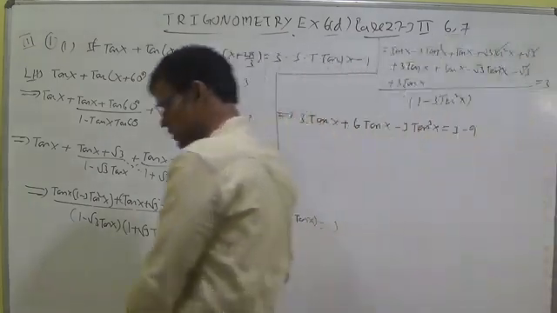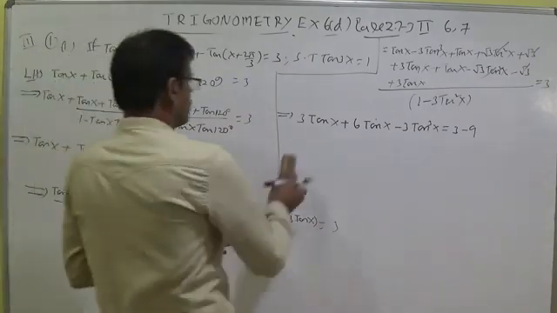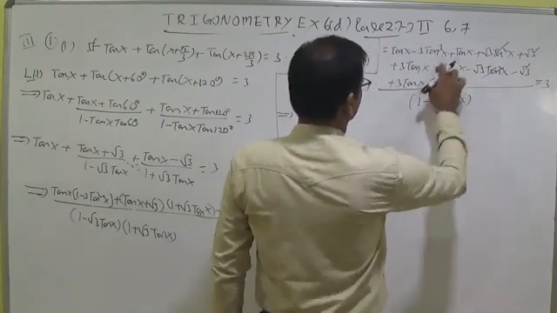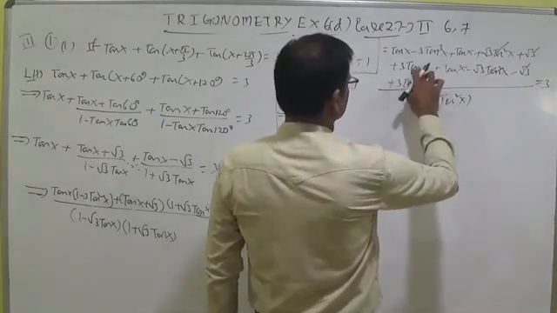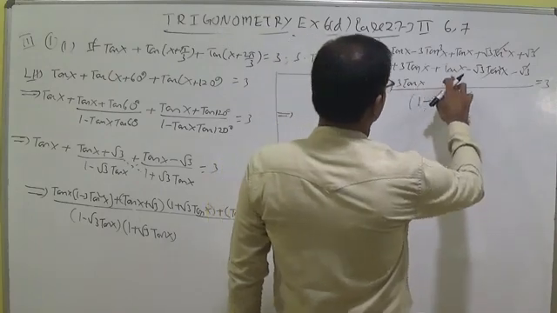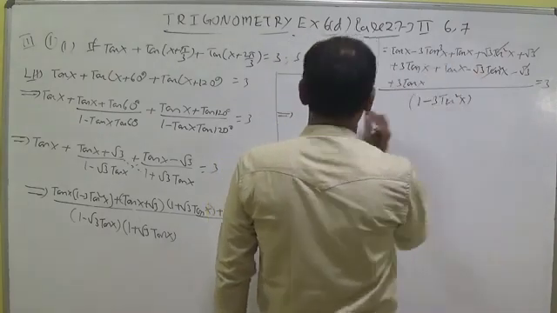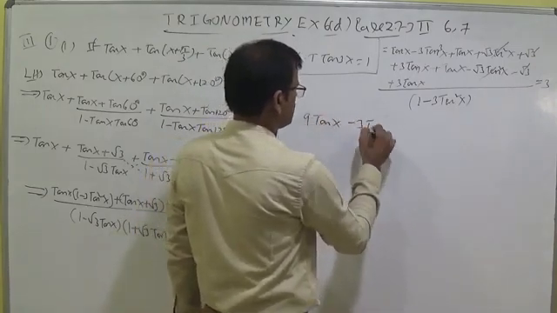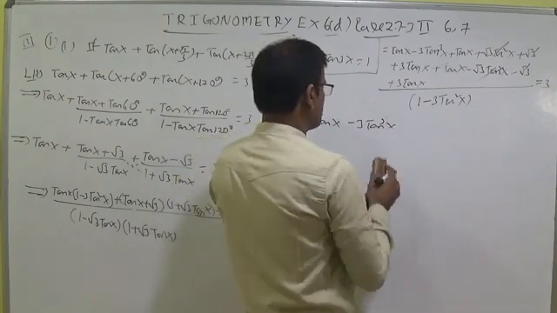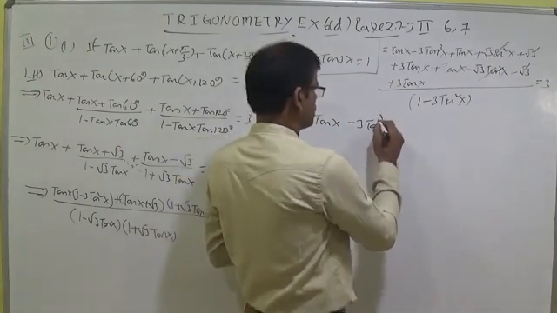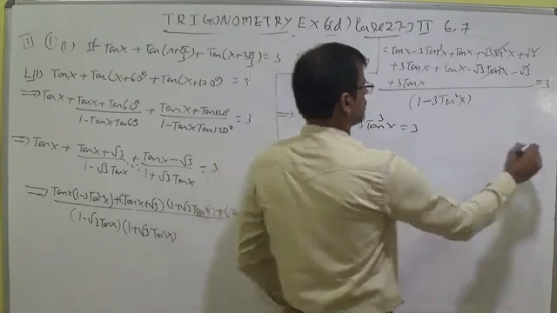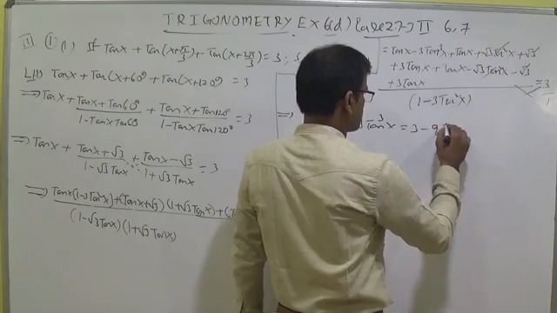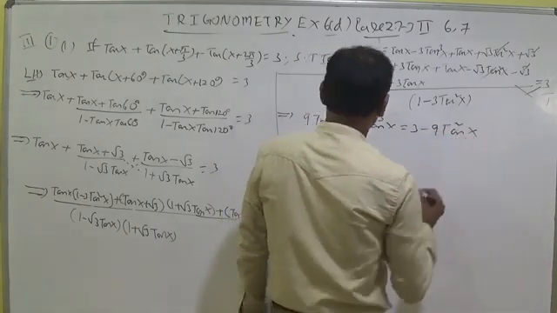So now we need to write 3 plus 6 separately. Directly we can write 9 tan x here, total 9 tan x is there. Total 9 tan x minus 3 tan cube x is equal to, cross multiplication like this, 3 ones are 3, minus 3 threes are 9 tan square x.